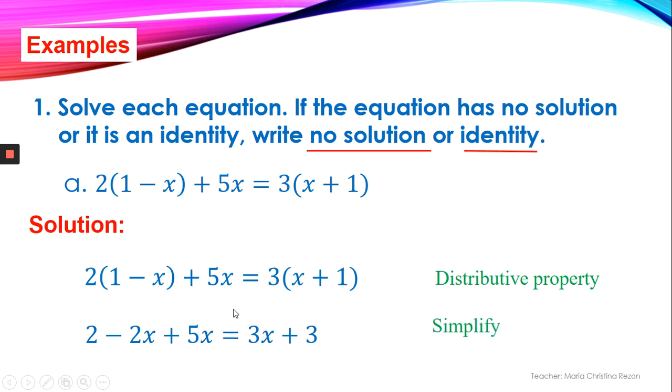Then simplify that. You will have negative 2x plus 5x, you can combine this together. That gives you 2 plus 3x is equal to 3x plus 3.